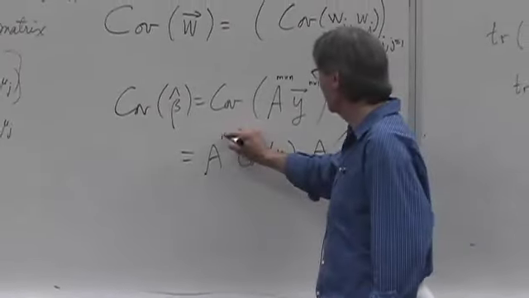Where X prime X is equal to n, n x bar, n x bar, and n x squared bar. It comes out that way just because it was n, summation xi, and summation xi squared.